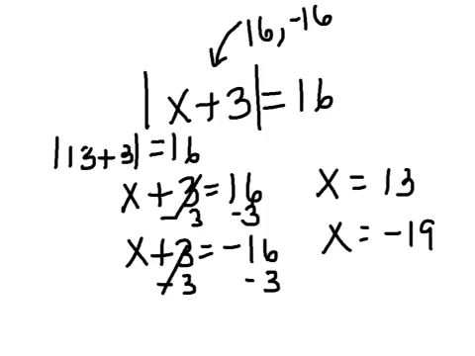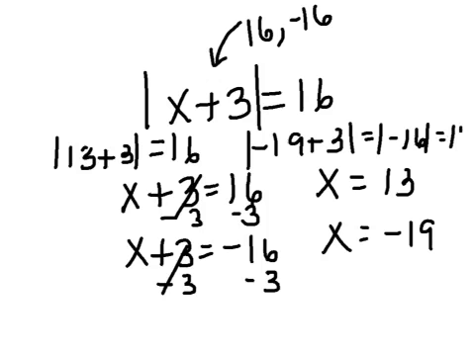Well, 13 plus 3 is just 16, so the absolute value of 16 is equal to 16, so that works. How about negative 19 plus 3? The absolute value of negative 19 plus 3 is the absolute value of negative 16, and the absolute value of negative 16 is 16, so both of those solutions will work.